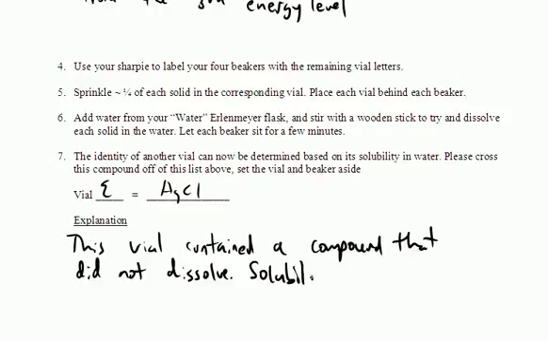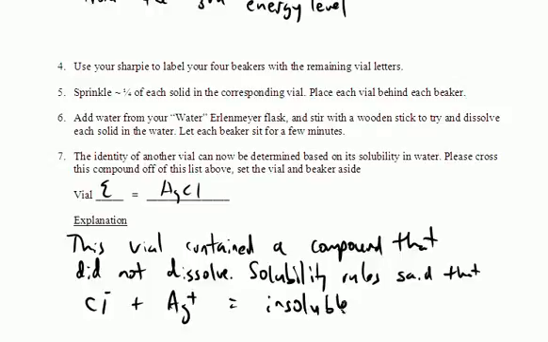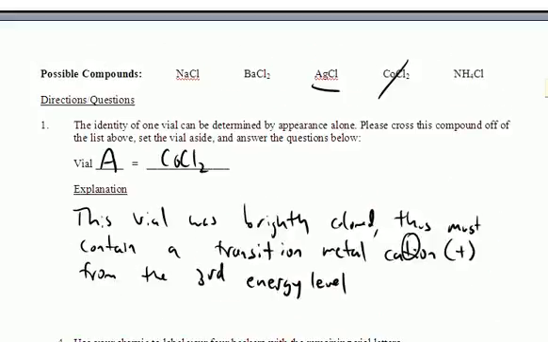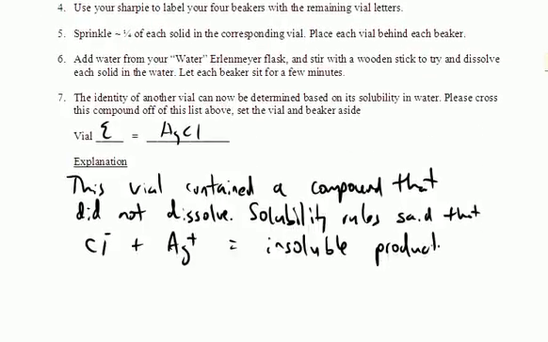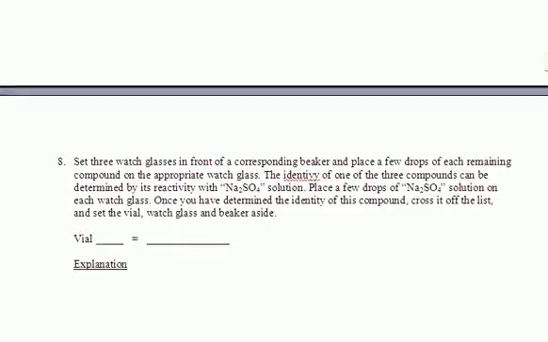Solubility rules said that Cl minus and Ag plus 1 equaled an insoluble product. Thus silver chloride must have been the insoluble product, as every other chloride compound was soluble.